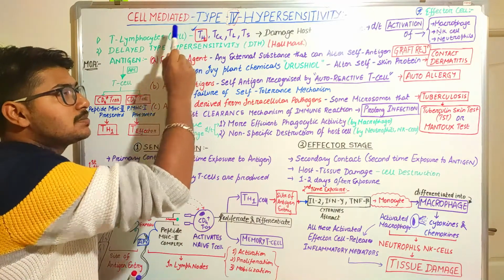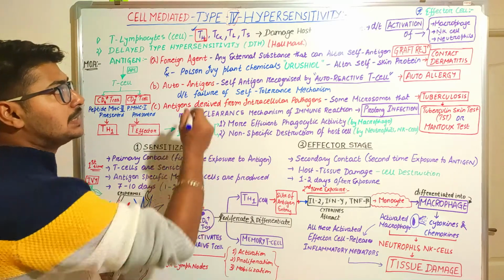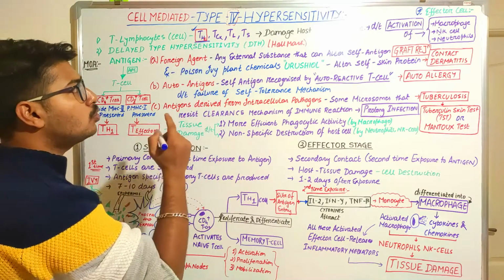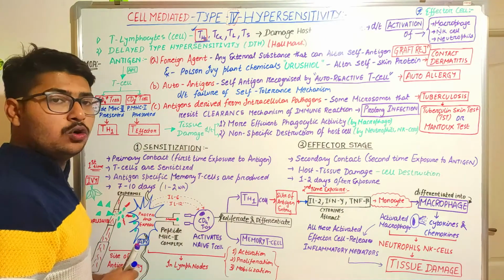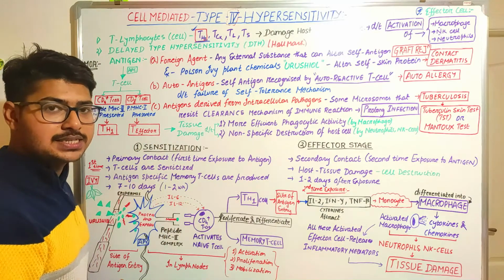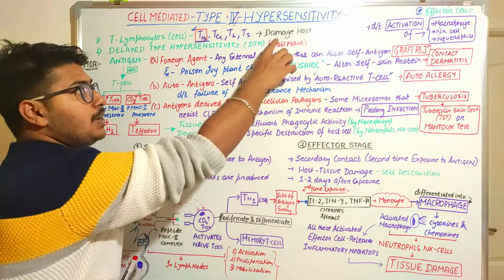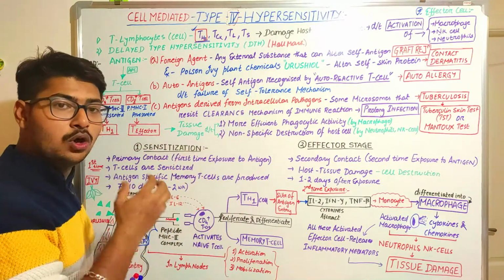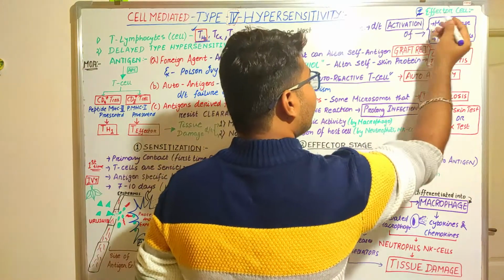But in this specific cell mediated hypersensitivity, what happens? The T helper cell, and more specifically the T helper 1 cell, is going to mediate or start the process of hypersensitivity, and then it results in damage of the host cells and tissue due to activation of specific effector cells.